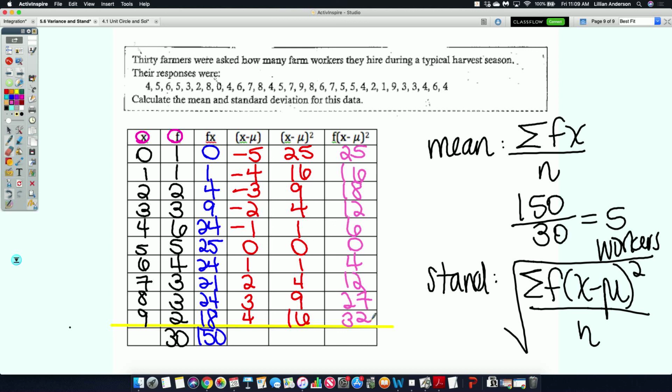Now I need to add up that entire column to get the numerator of my standard deviation formula. All right, so we get a sum of 152.